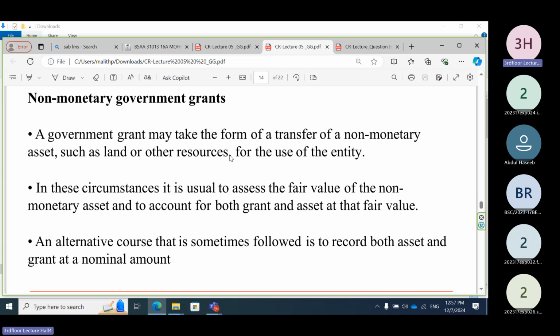This is again simple. The grant will be received as a non-monetary item. So then what we do, we need to recognize the fair value.